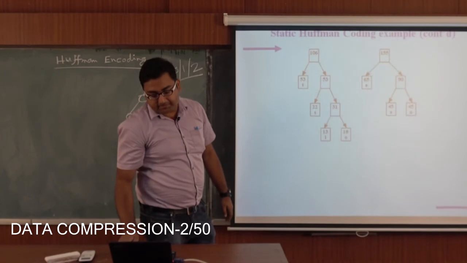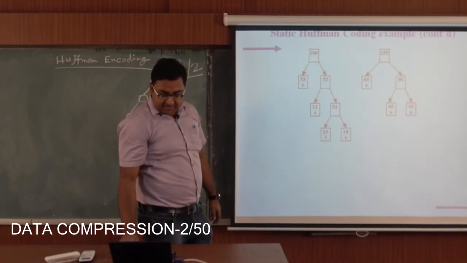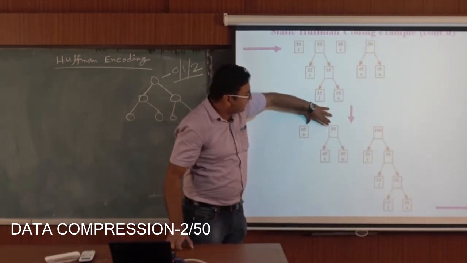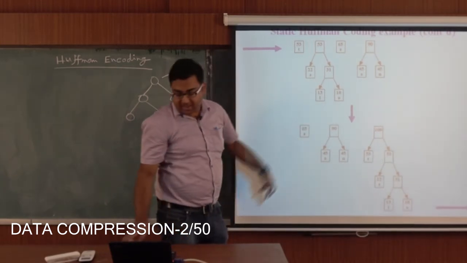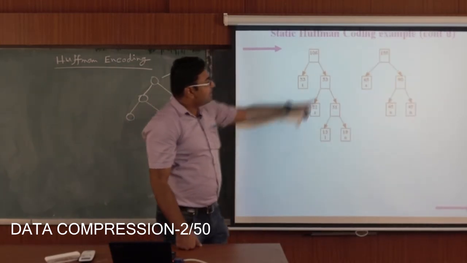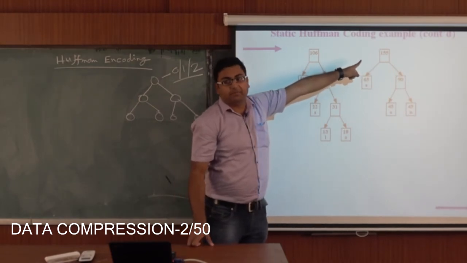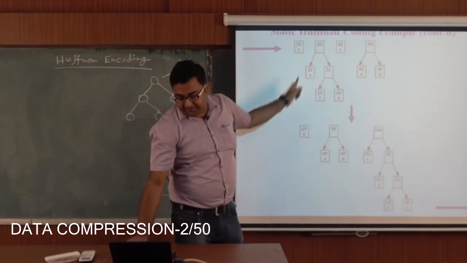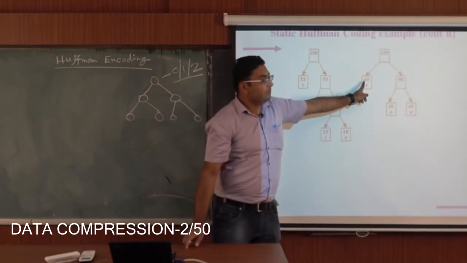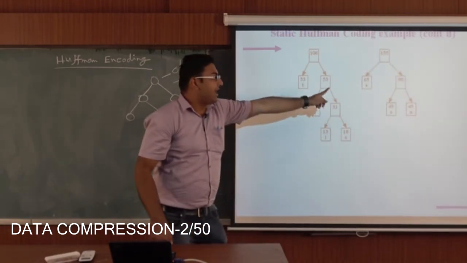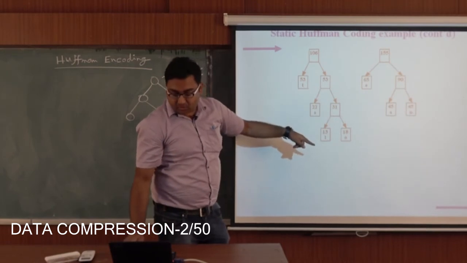So we will simply do the same thing here. A new node has been received by adding the first two smallest nodes 90 and 65, and we will get a new tree with a new node connection, that is 155, where 65 will be the left child, 90 will be the right child, and that 90 has its own subtree.